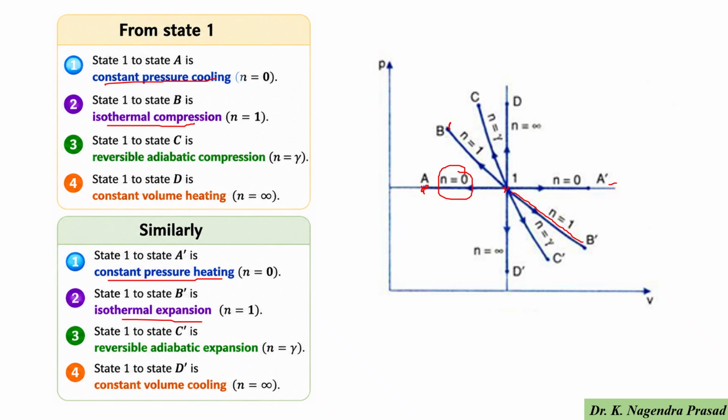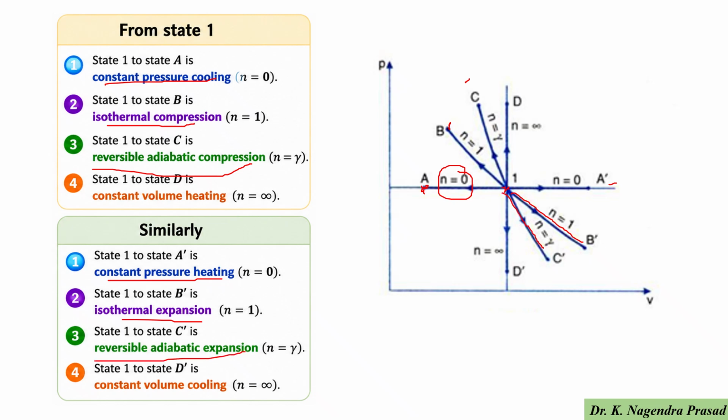Next we look at state 1 to C, where n equal to gamma, and we know that when n equal to gamma, the process is the adiabatic process. Here 1 to C is the adiabatic compression, and 1 to C dash is the adiabatic expansion.